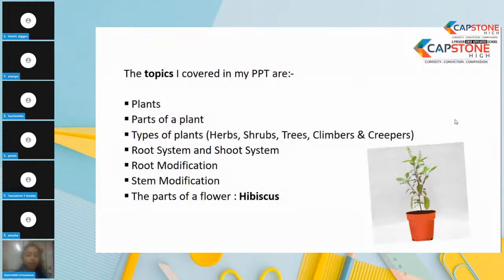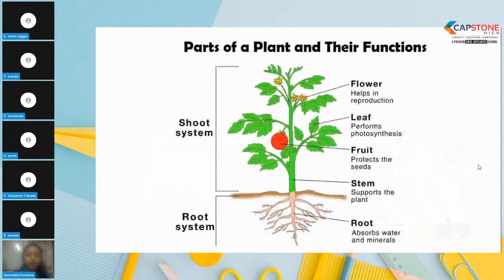The topics I covered in my PPT are plants, parts of a plant, types of plants which are herbs, shrubs, trees, climbers, and creepers, root system and the shoot system, root modification, stem modification, and the parts of a flower, that is hibiscus.